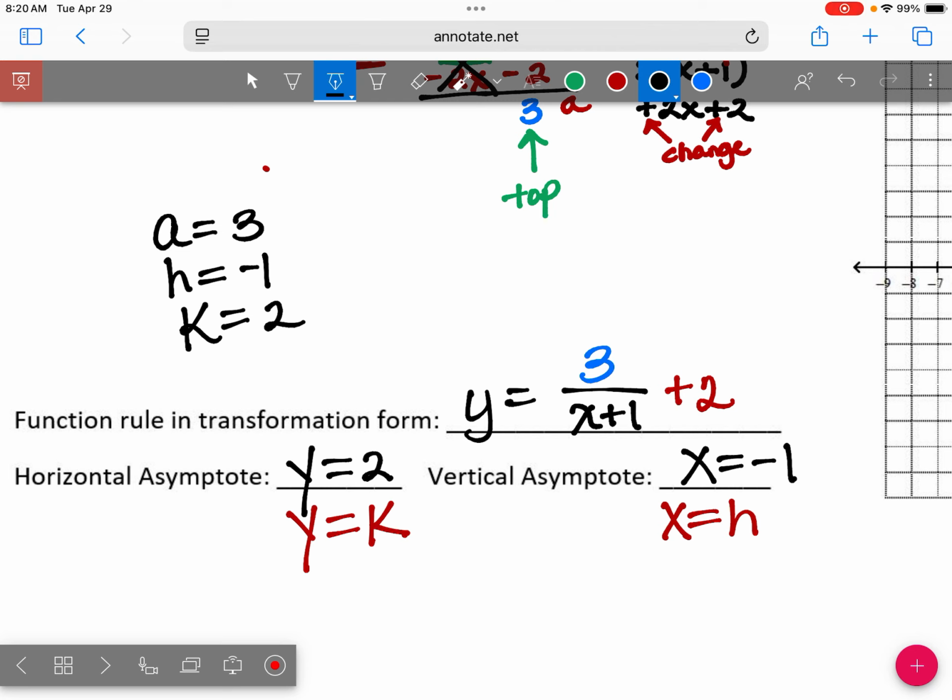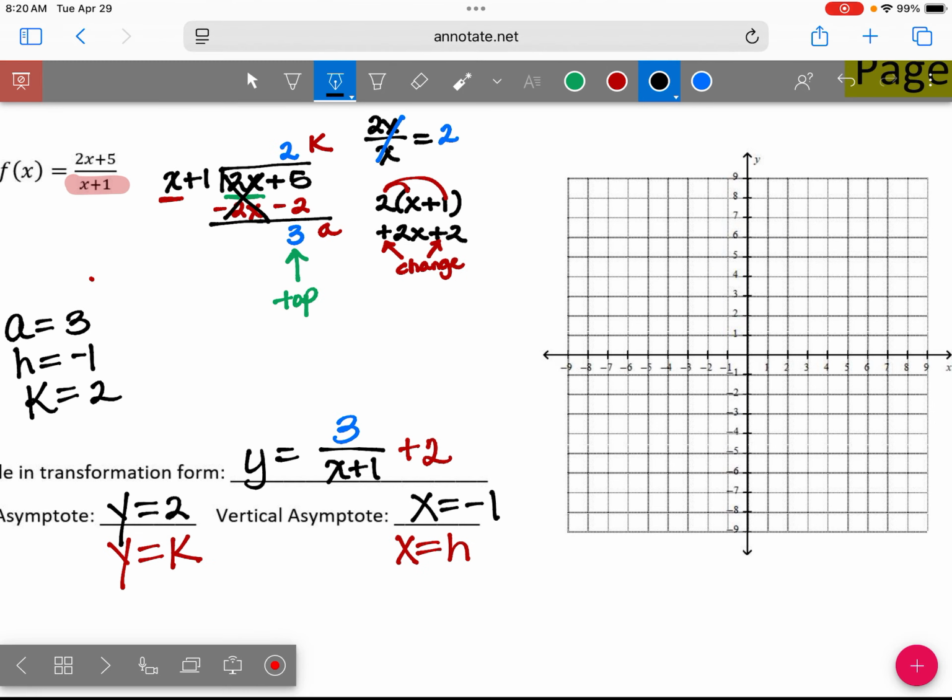So I'm going to draw in a horizontal line at y equals 2. So y equals 2, I'm going to draw one in right here. And I'm going to draw one in at x equals -1, just like that.